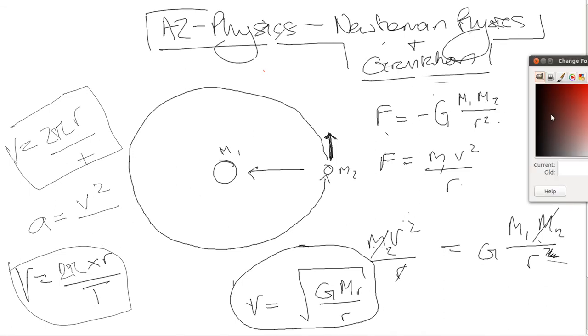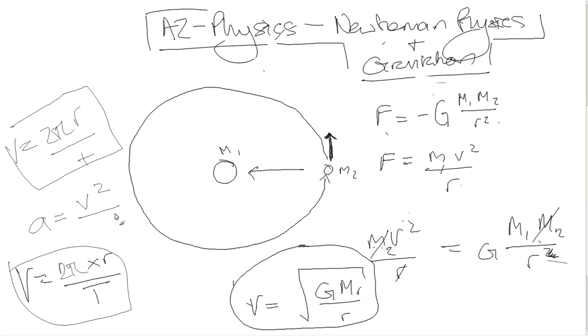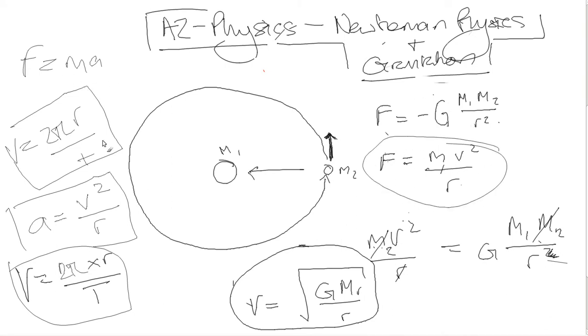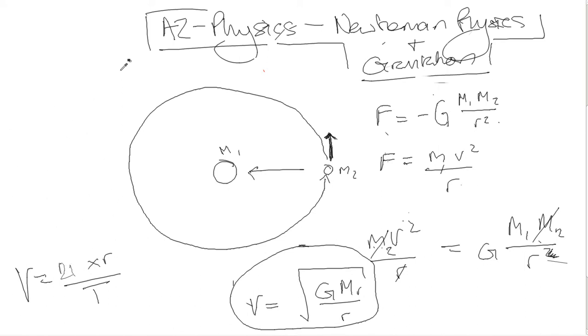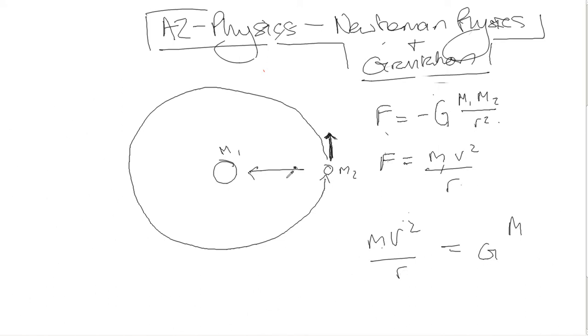And using F is equal to ma, we know that this is true because acceleration is equal to v squared over r, then F is equal to mv squared over r, right? So, simples. So that's working out the velocity of an object in orbit.